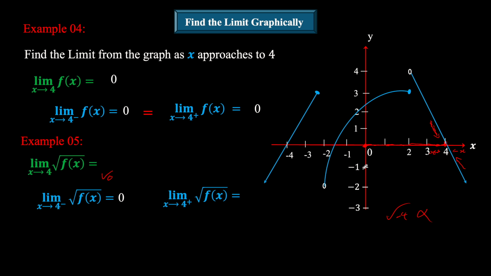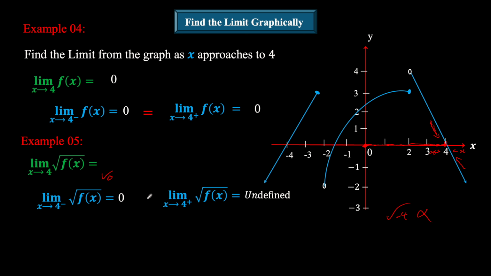We have negative numbers, and we are approaching number 4. As we are approaching number 4 from the negative side, our curve is moving from here and we move upward, x approaches number 4, we see that f of x also approaches 0, but it is at negative points, and this makes a problem. That's why we say this is undefined.